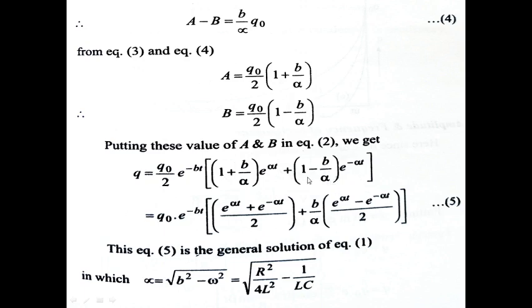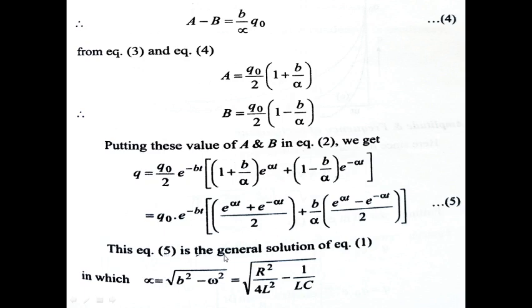Now introduce this 1 by 2 inside the bracket and separate the terms: q0 e raised to the power minus bt into e raised to the power alpha t plus e raised to the power minus alpha t by 2 plus b by alpha, which is common from the second and fourth term, times e raised to the power alpha t minus e raised to the power minus alpha t upon 2. That is our equation number 5.